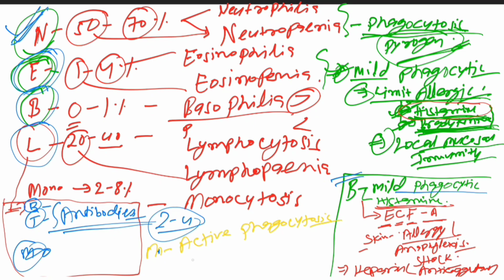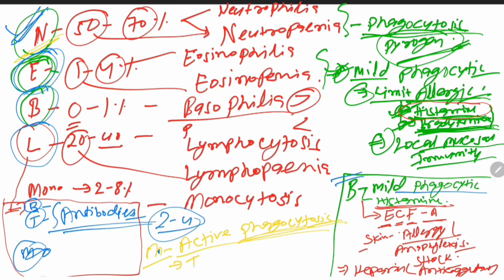So first neutrophil will come. The first line of defense is actually neutrophil, and if the first line of defense fails, then other cells will come. If we talk about the monocyte, the monocyte will act as the second line of defense. And obviously, active phagocytosis is the function of monocyte.